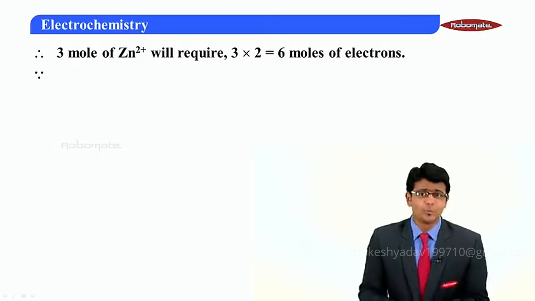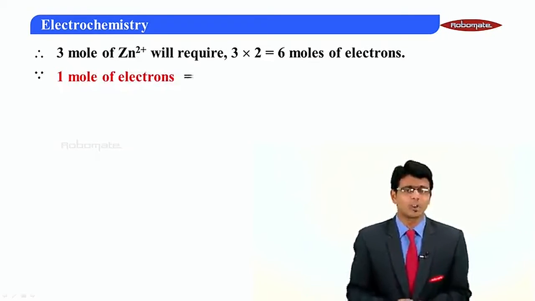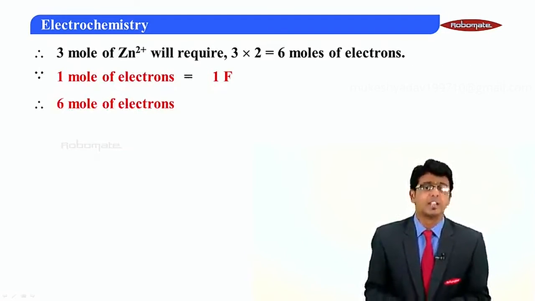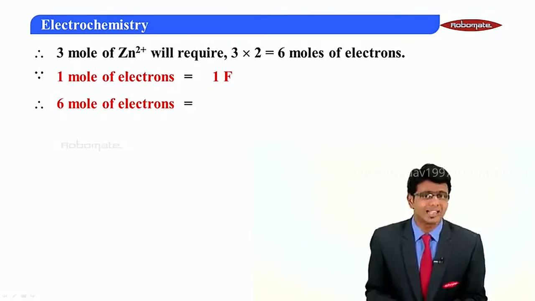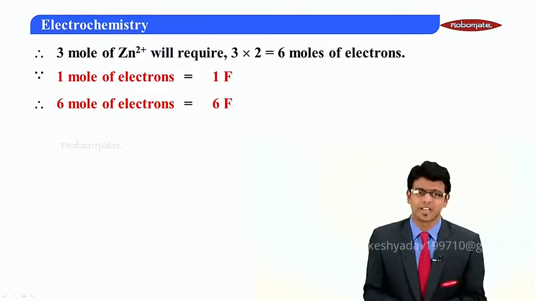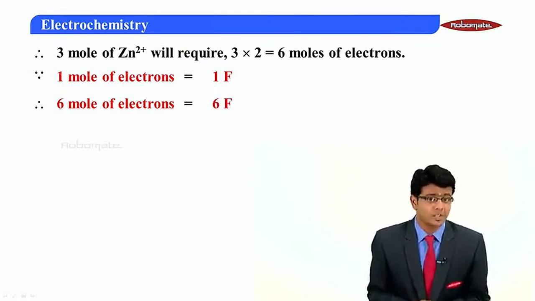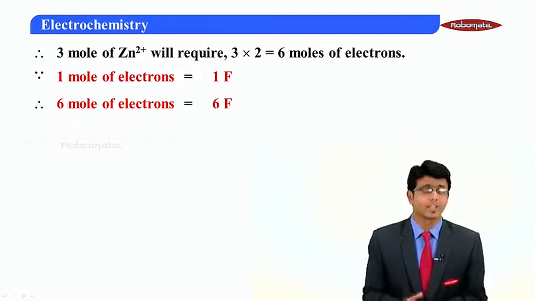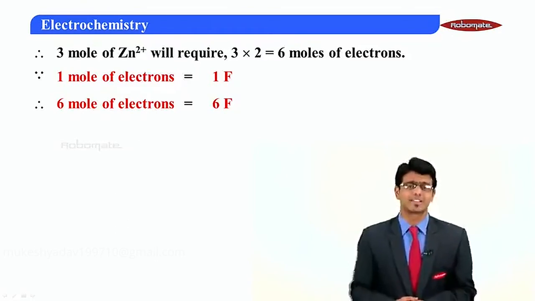And we also know that 1 mole of electrons corresponds to 1 Faraday. Therefore, can we say that 6 moles of electrons will correspond to 6 Faradays of electricity, isn't it? So, for reduction of 3 moles of Zn2+ ions, we require 6 moles of electrons and 6 Faradays of electricity.